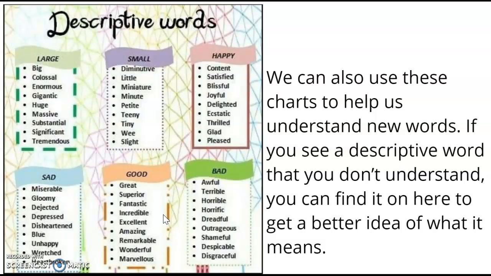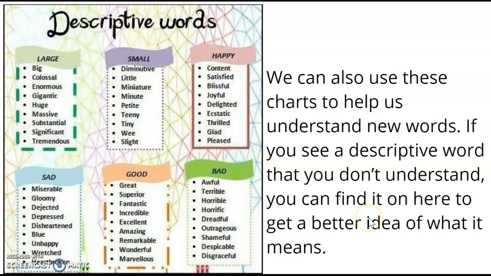Now the last thing I want to point out is these charts will also be really good in our reading. So if we read a word that we don't understand, you can use the context of that word, think if maybe it's a more positive word or a negative word, and then go back to either of the charts and see if it can help you understand it better. So I recently was reading something about an event, a really happy event, and they described the event as remarkable.